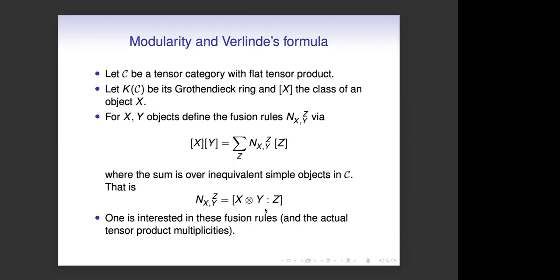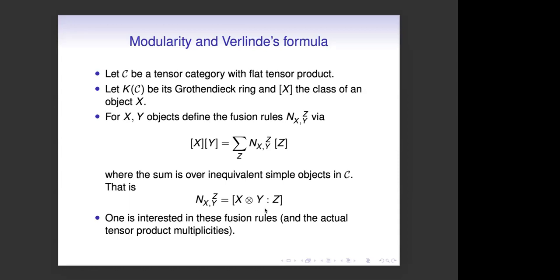So let's review this. You need a category that has an exact tensor product so that you can have a notion of its Grothendieck ring. And then you define the Grothendieck fusion rules, or just fusion rules as you like, as the induced product in the Grothendieck ring from the tensor product of modules.